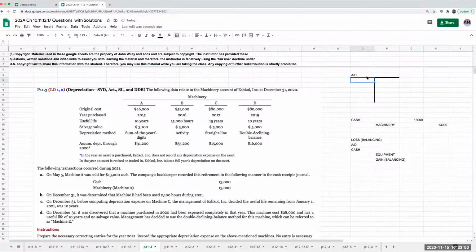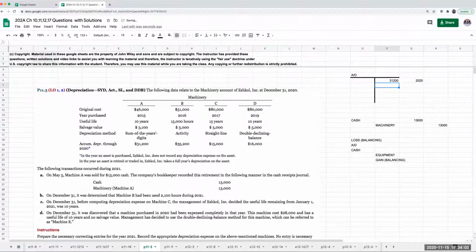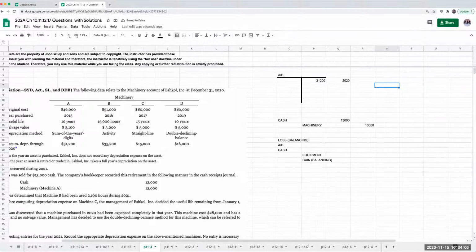My accumulated depreciation on this equipment through 2020 was 31,200. And just for fun, let's look at sum of the years' digits.